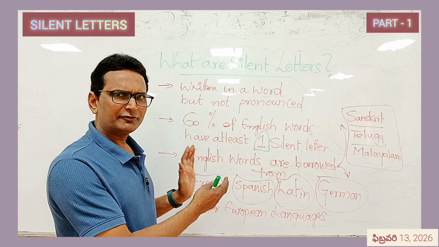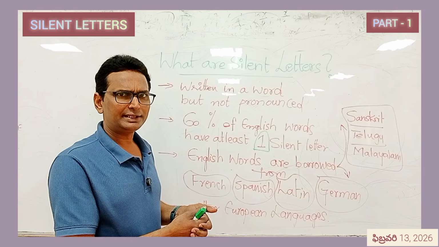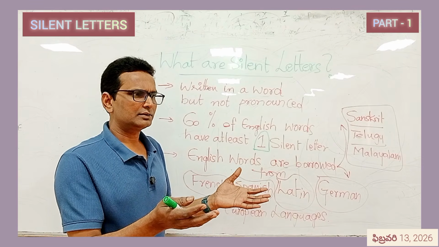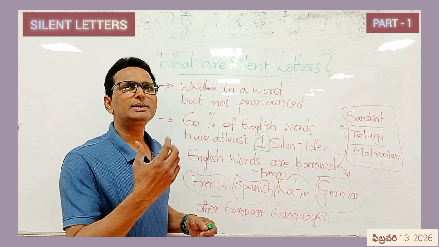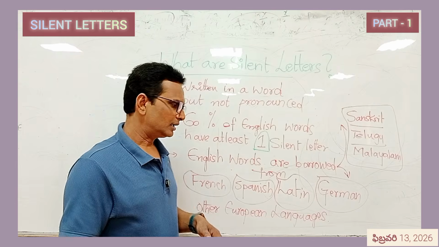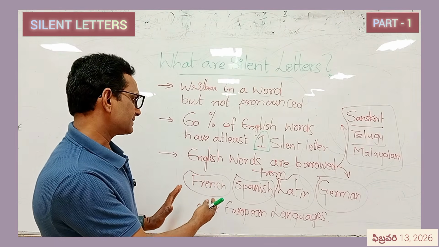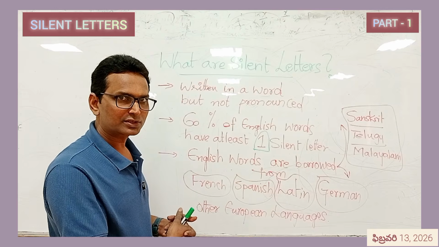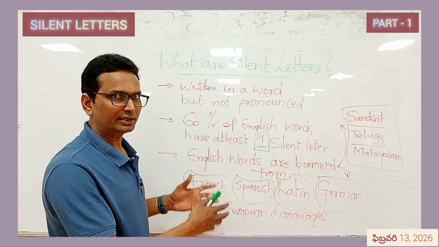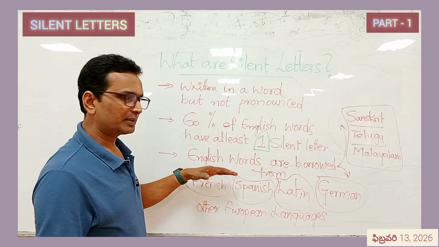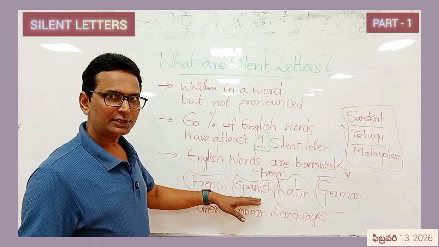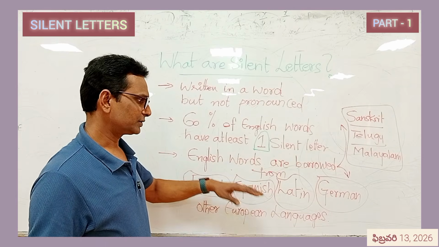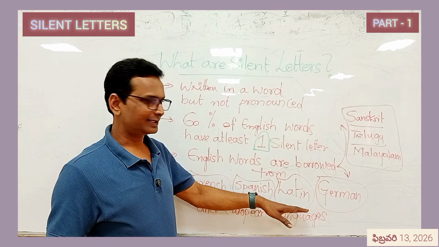Let us take a look at a few languages which have contributed to the accumulation of words in English language. From France, from the French language, English words have been developed. French words have come into English. Spanish words have come into English. Latin words have come into English.